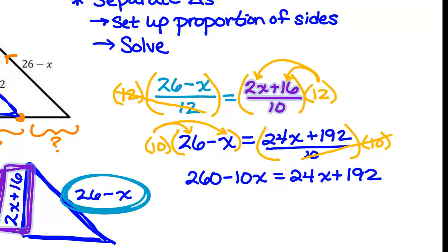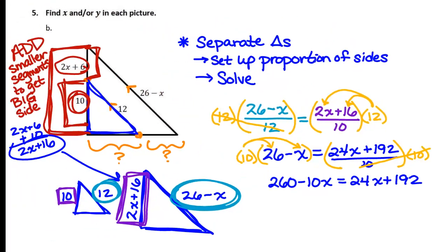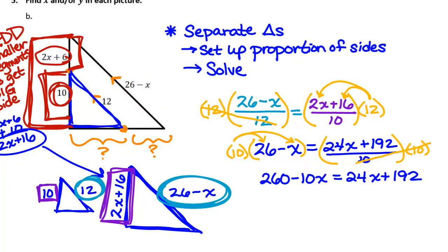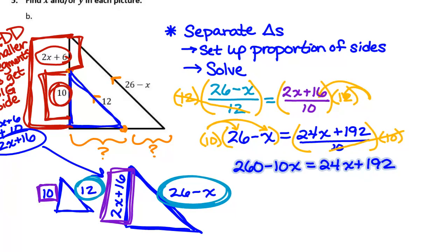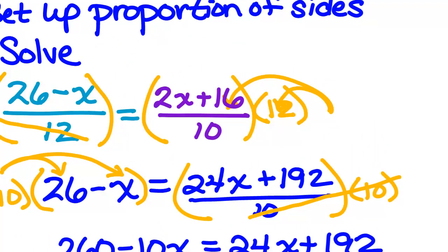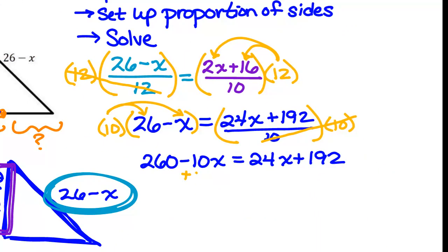What would I do now? Plus 10x to both sides. Absolutely correct. What is 24x plus 10x? 34x.